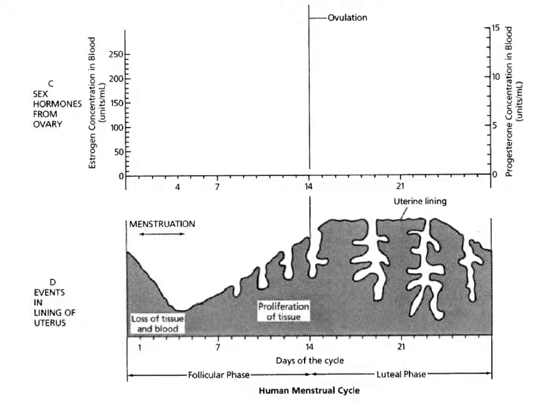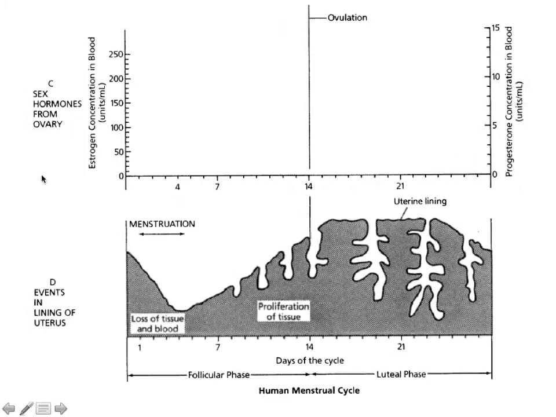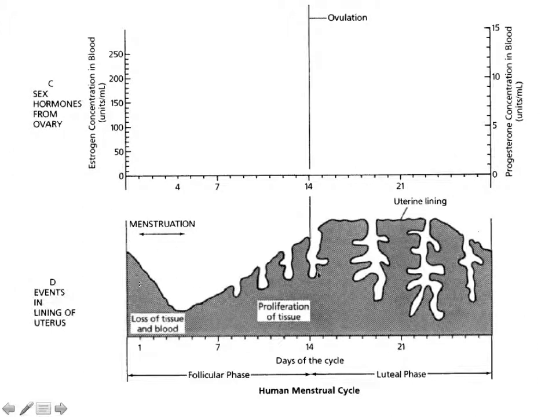Then number 4 says look at part D, and it has a question there: what happens in the ovary, part B, and in the bloodstream, part C, that brings about the change in the uterus? So you have to look at part C and also part B, and try to figure out why we see the changes that we see here.